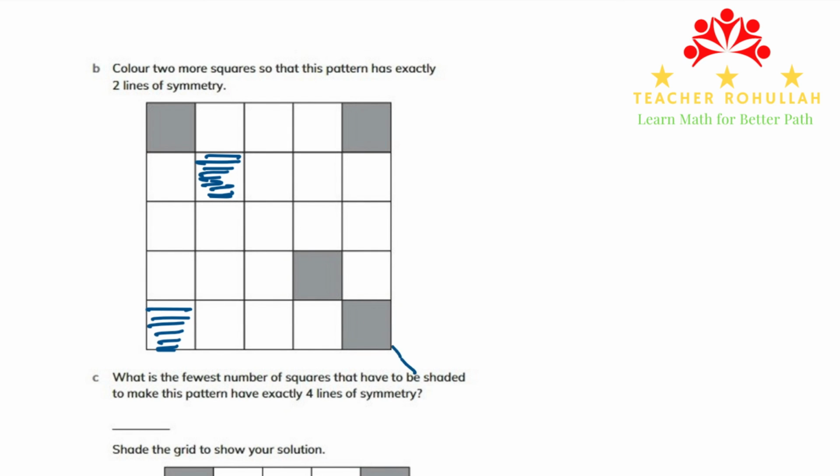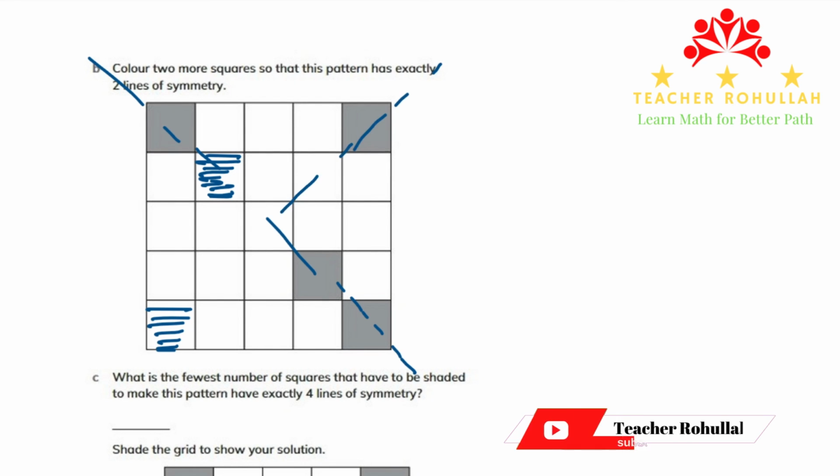One of the lines of symmetry can be from here. Now this line cuts the shape into two equal parts, which are exactly the same as each other, and one line can be here. So again, this shape has diagonal lines of symmetry, but it does not have horizontal or vertical lines of symmetry. So we are done with this part also. Let's scroll down to move to part C.